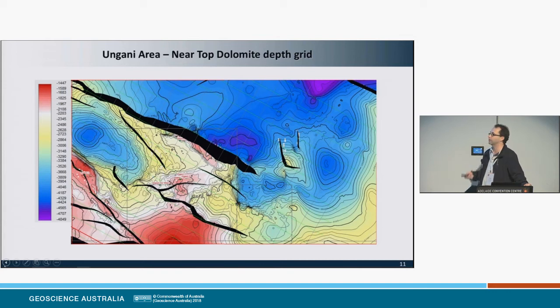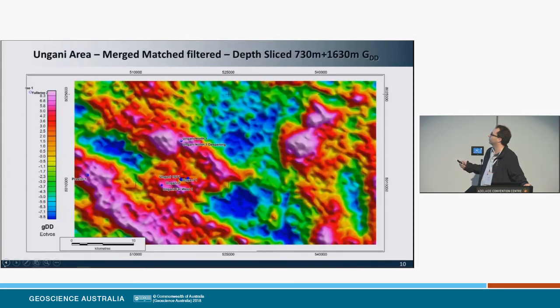That gave us the encouragement to spend a lot of money with Falcon, acquire a massive data set, and really try and understand what's going on in the southern Canning. It's a bit more complicated over on the eastern side with Yakamunga. We've got multiple unconformity levels. Things have changed quite rapidly in the space of probably 15 kilometres over here.